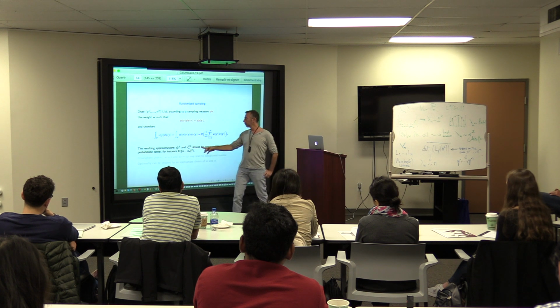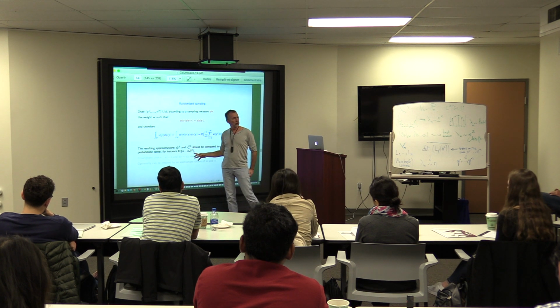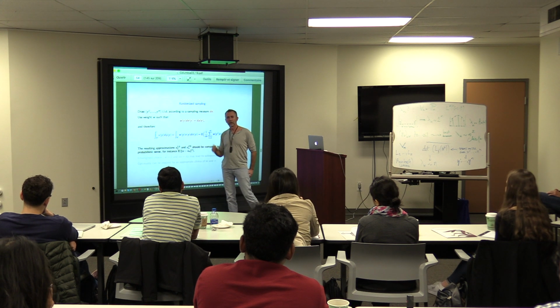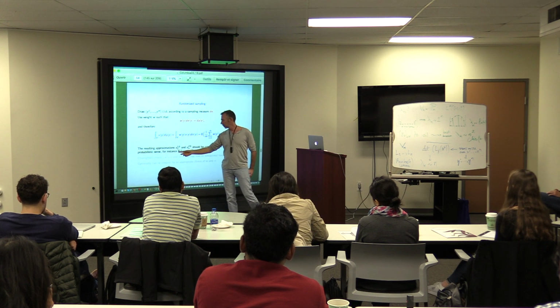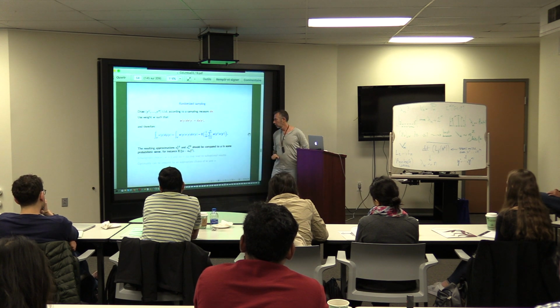So if we want to compare u_n with u and say is it close to the best approximation, we can only do it in a probabilistic sense. u minus u_n will be a probabilistic object. So we're going to do this in expectation. All right?